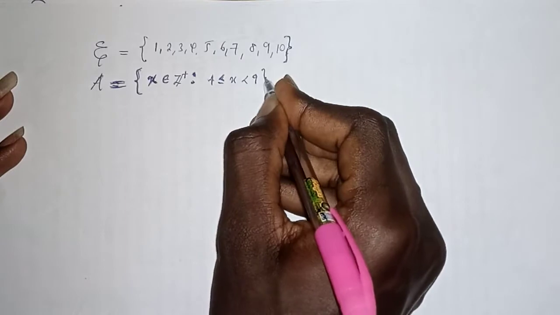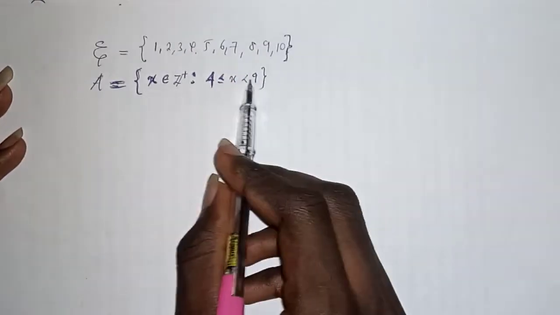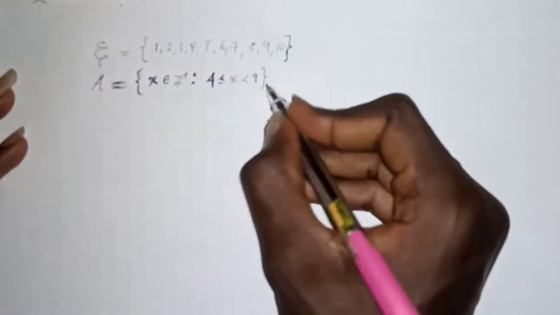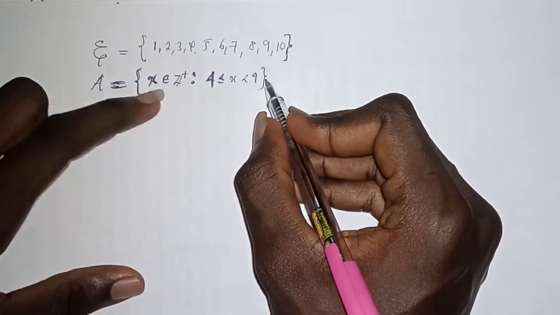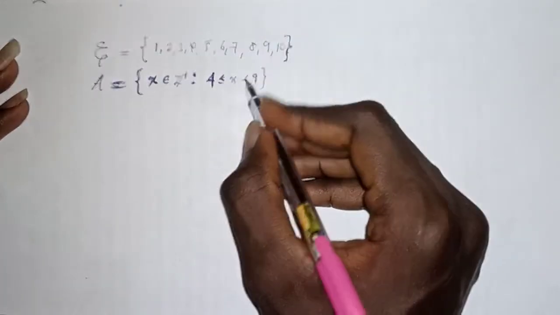So you have to be very careful of this. So I've coded this member for you. The members for set A have been coded. So you be the one to decode it. You have to decode this thing yourself. We list out its members. So you have to be very careful of this inequality sign.